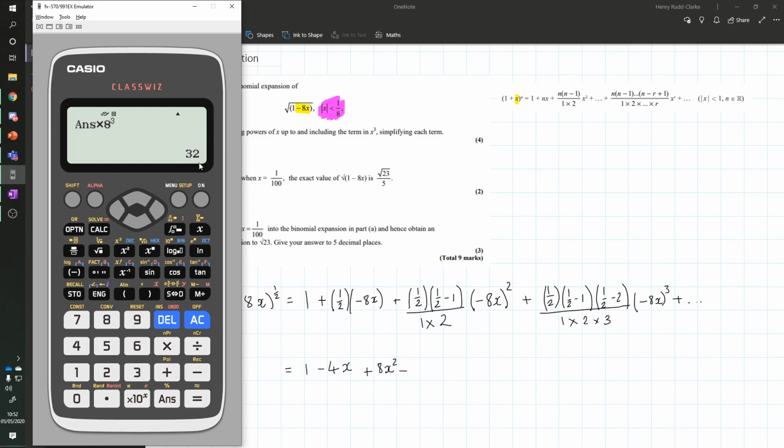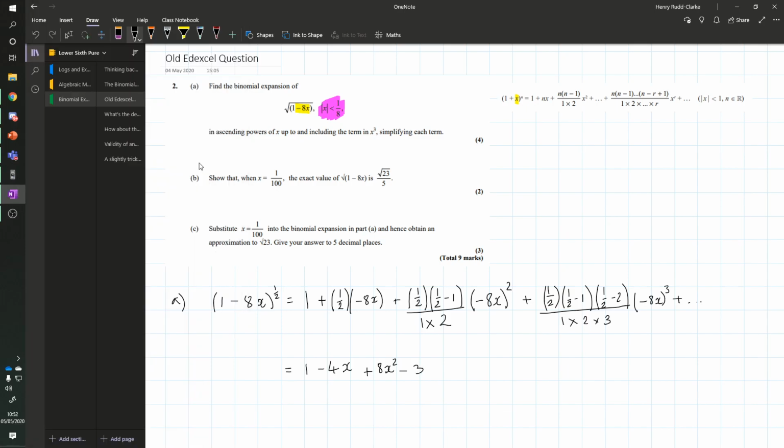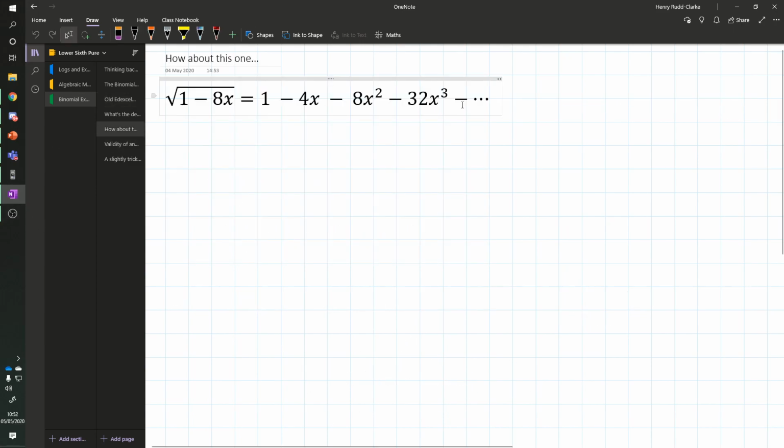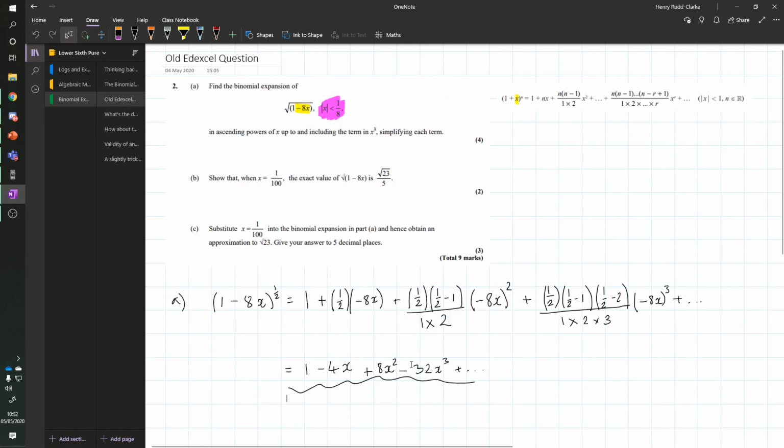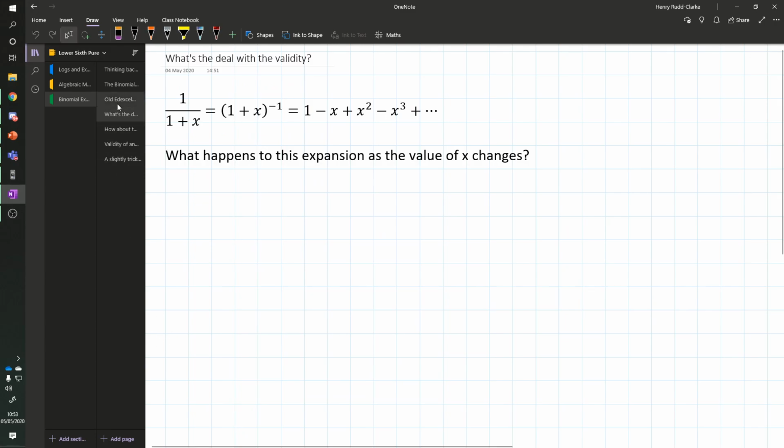There we go, 32. So it's minus 32x cubed plus dot dot dot. You can often get big old nasty fractions in these answers. Just check that's correct. That should be negative apparently. Oh, of course it should. There we go.